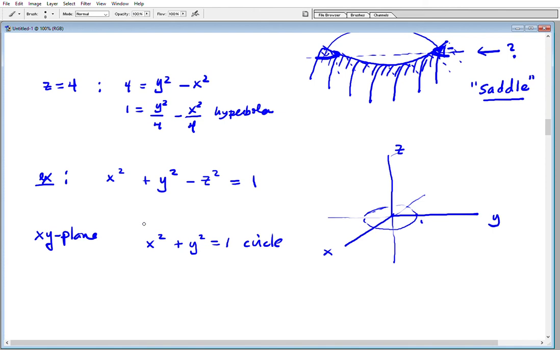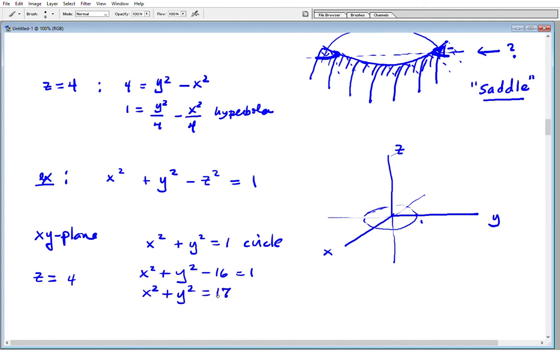Let's say we slice it a little bit above. Let's say we put z equal to something else. Let's say z equal 5. Let's see, oh, let's do 4. Z equal 4. And then we have x squared plus y squared minus 16 equal 1, or x squared plus y squared equals 17.